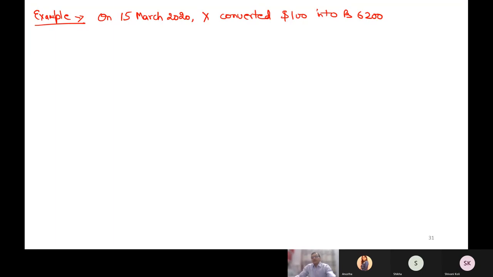X converted $100 into rupees 6,200 through Eastern Union exchangers. For example, this person is the service provider, Eastern Union exchangers, and X is the recipient.